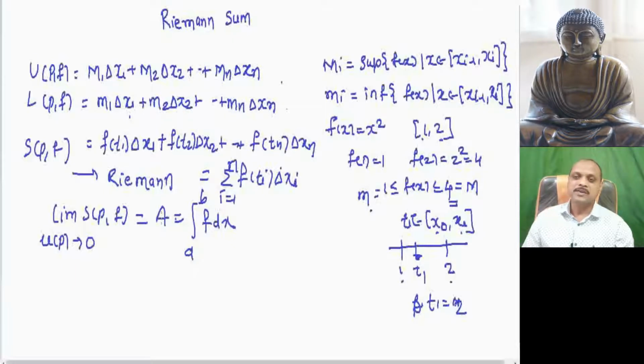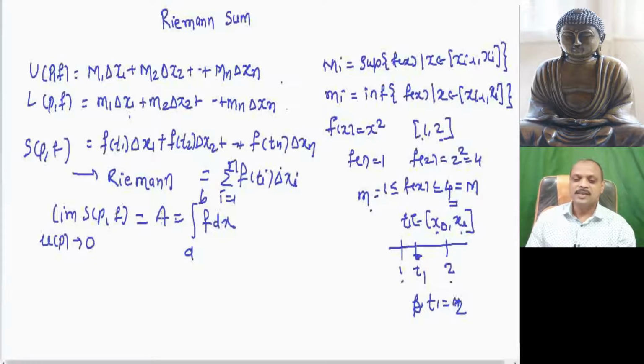In a Riemann sum, we may choose any points in the subintervals, so there are a number of possibilities for choosing the points ti. Hence, whenever the limit of this Riemann sum SPF exists as mu of p tends to 0, it is called the integration of the function.